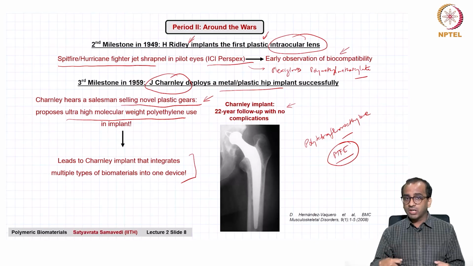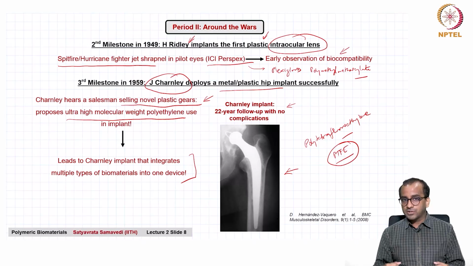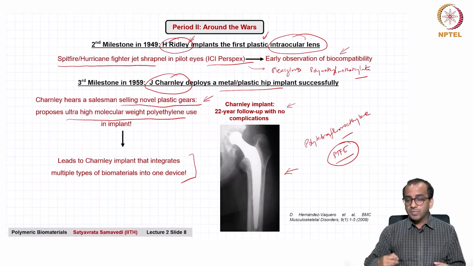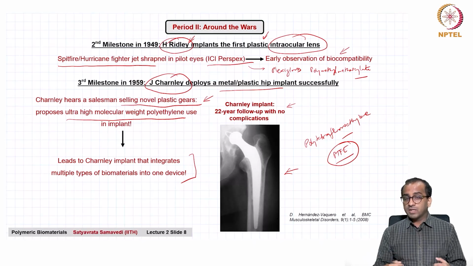Ultra high molecular weight polyethylene, a cross-linked version of that, is used even today in many of these implants. And shown here is a radiograph of one such implant, 22-year follow-up with no complications. Again, you see, just as with the Ridley example, there were two things that were important here. One was there was already a need, he was already looking for something based out of a need.